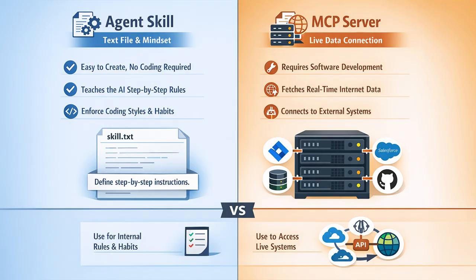Third, use a skill to enforce company coding styles, project rules, and step-by-step habits. And use an MCP server if you need the AI to talk to external software like GitHub, Salesforce, or any external tools to extend your AI's capability.